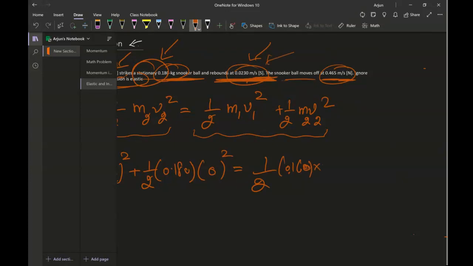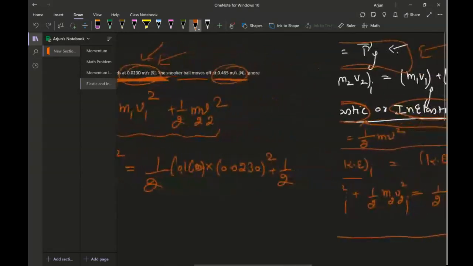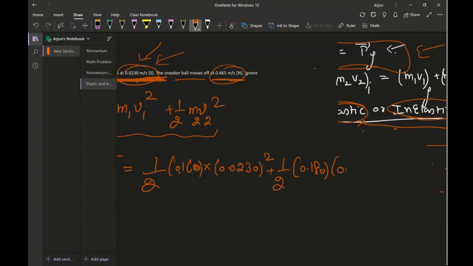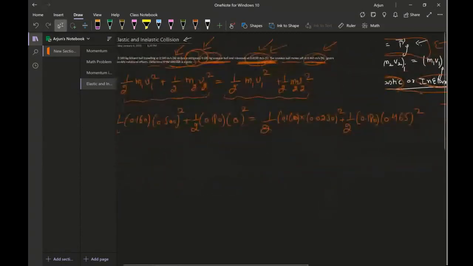It rebounds at 0.0230, 0.0230 square, and plus half times, oops, let me make some space. I didn't realize it's going to be that much of an equation. So it's half times 0.180 times 0.465 square.